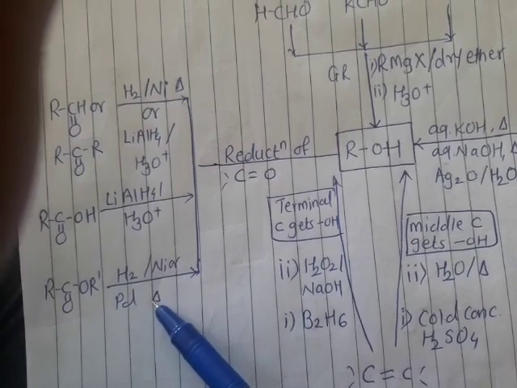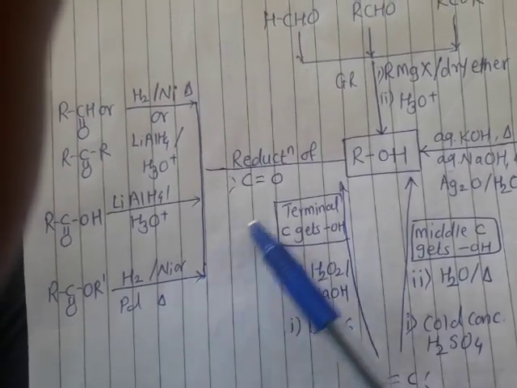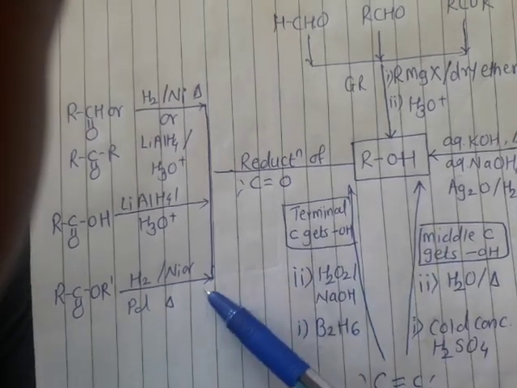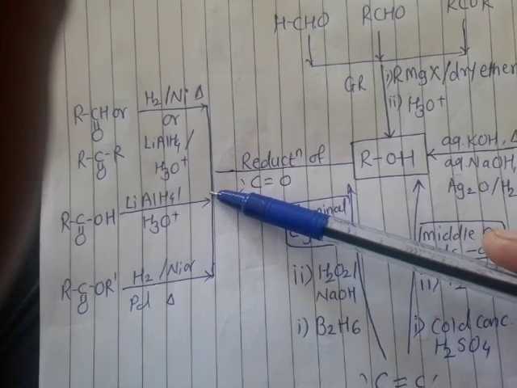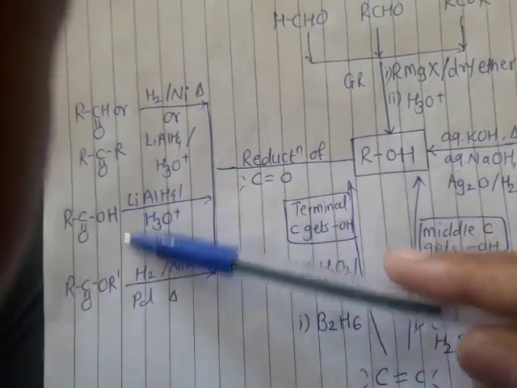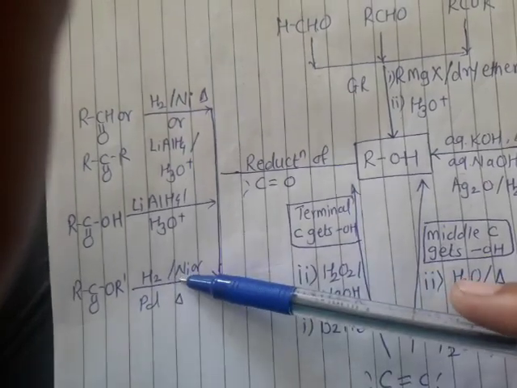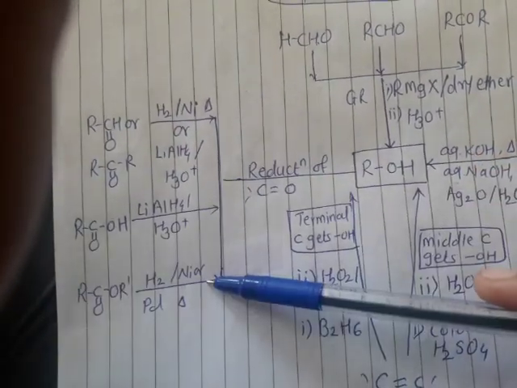The third one is RCOOR', ester. Esters can be converted into alcohol by H2 and Ni. It is said that LiAlH4 is expensive, so it is better to convert acid into ester and then reduce it by using H2. So these are three reactions.